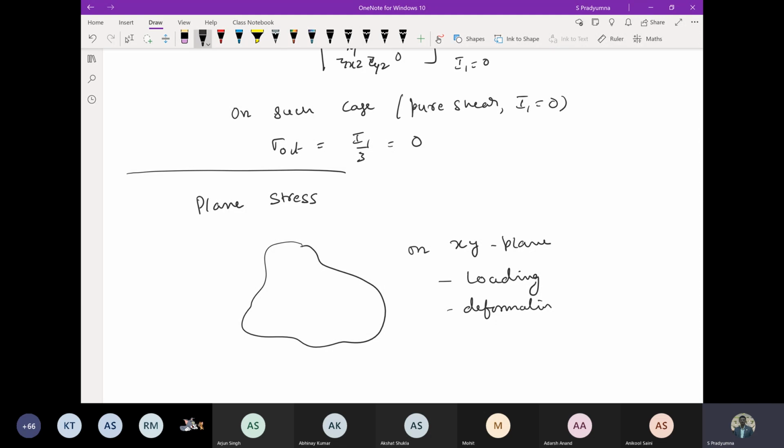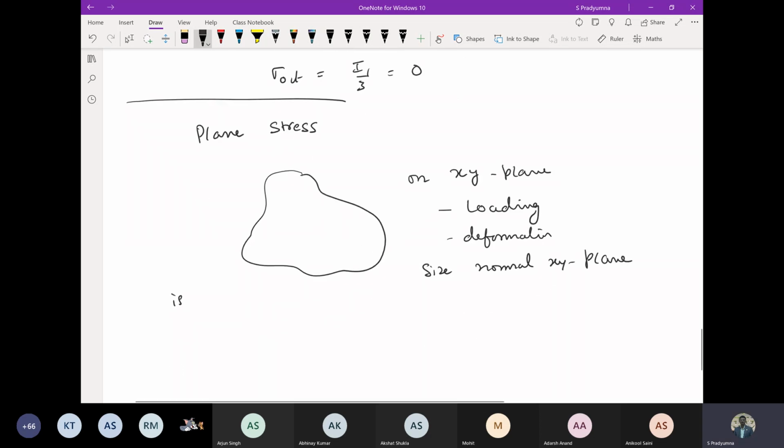The dimension which is normal to the XY plane is negligible, right? The size normal to the XY plane is not significant compared to the planar dimensions.